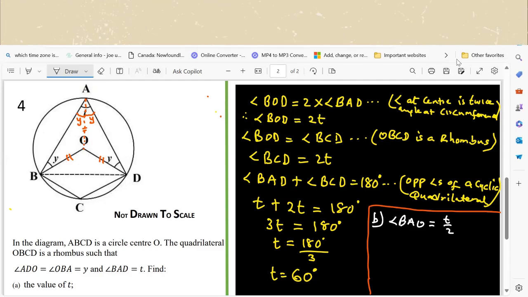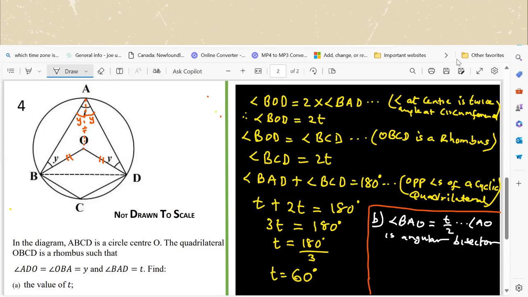So it's T over 2. We know the reason is because AO is a bisector. So if we give a reason, we say that the line segment AO is an angular bisector.